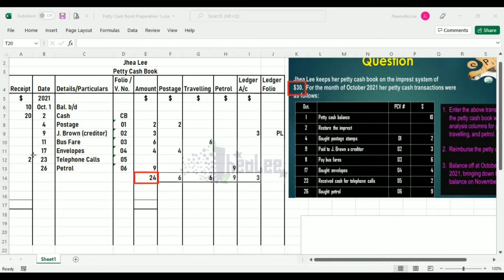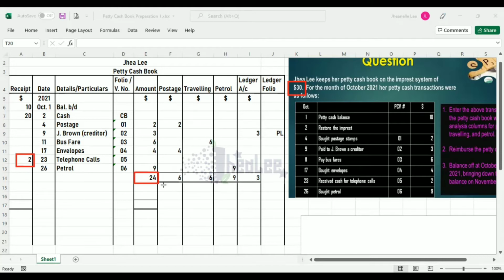But bear in mind that during the period, the petty cashier had received $2 from a telephone call. So under normal circumstances, if there wasn't anything that was received, then you would have reimbursed all of this $24.